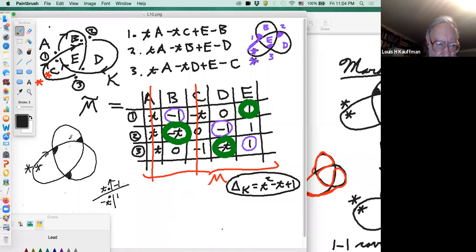So I will put the orientations in to make it easier to make the comparison with the diagram. But then we can look back up here and ask, well, what algebra bit does this correspond to? T, minus T, 1. What algebra bit does this correspond to? T, minus T. Okay. And what algebra bit did this correspond to?